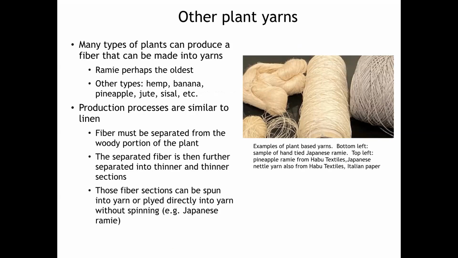Basically, you've got to separate the pulp from the fiber from the woody part of the plant. And once you go through that process, then you can either spin the yarn, or as in the case of ramie, you actually hand tie the yarns.